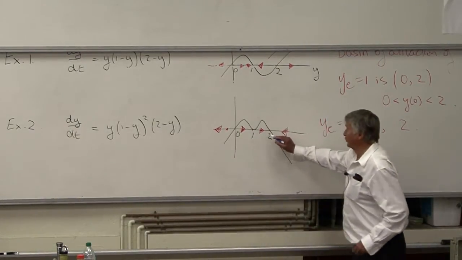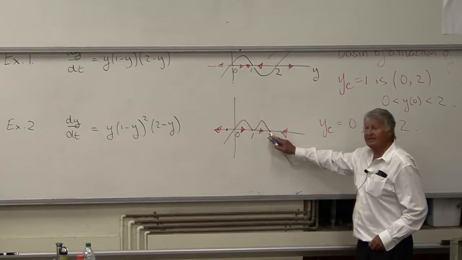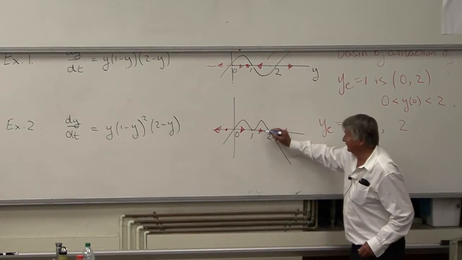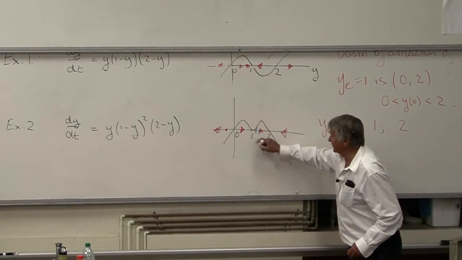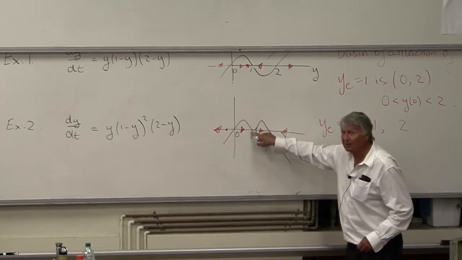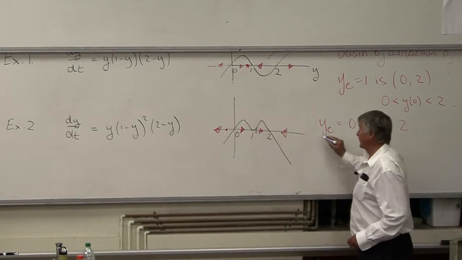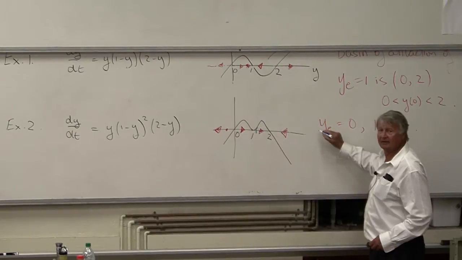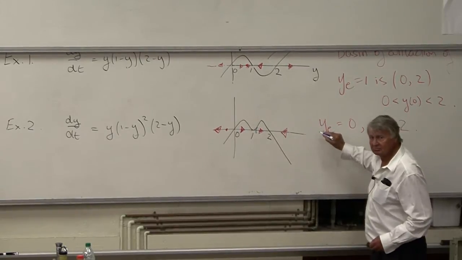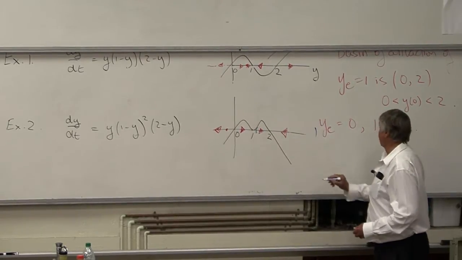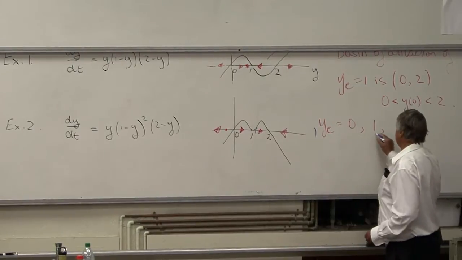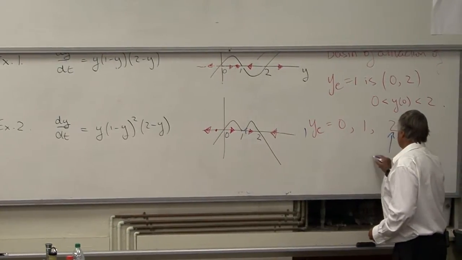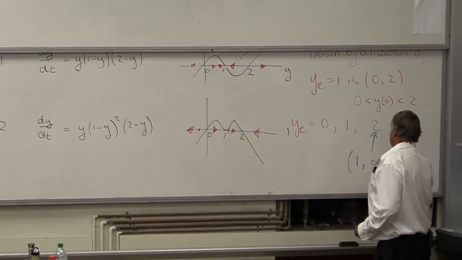Well, where can I definitely start to end up here? It'll have to be greater than 1, because if I start here, actually I'll end up at 1. And where can I start out on this side? Anywhere. So the basin of attraction of this solution is 1 to infinity.